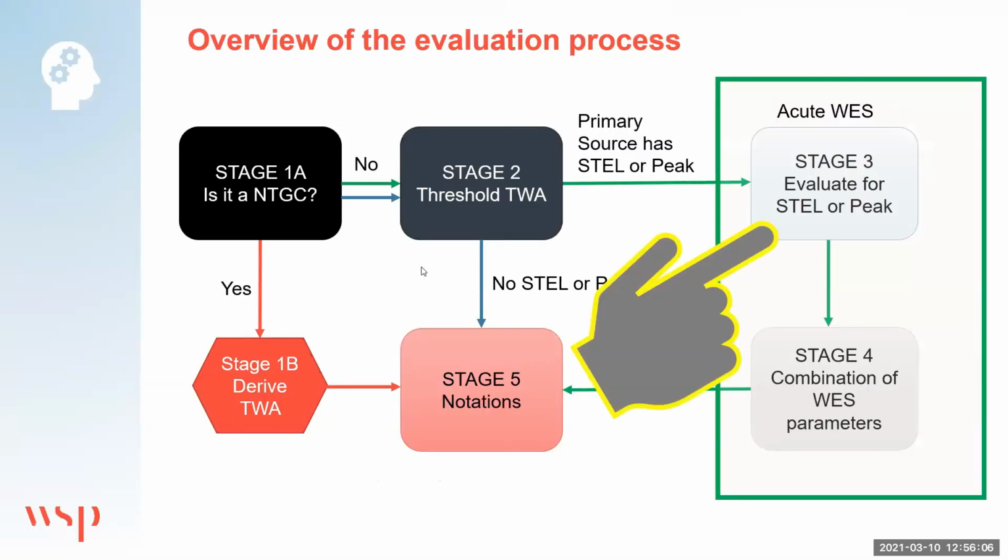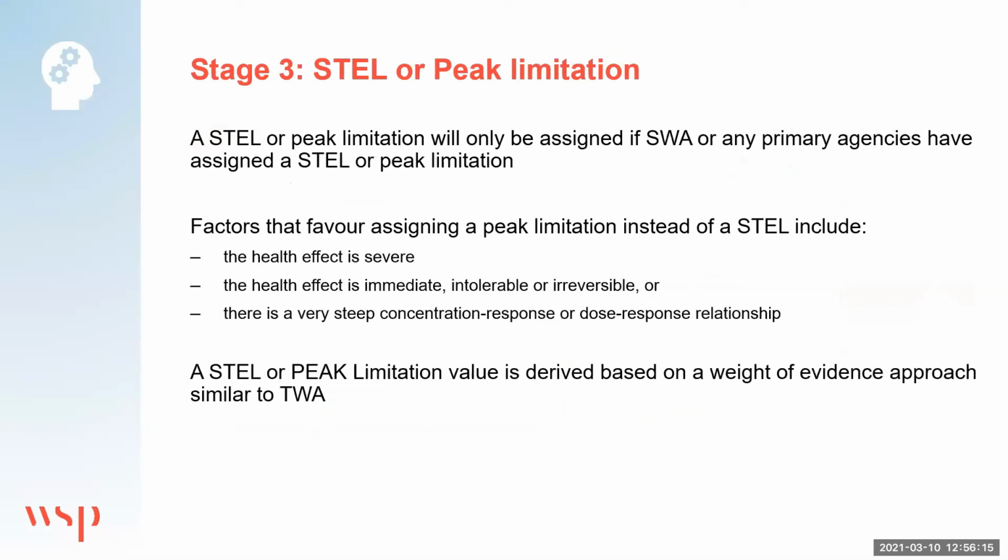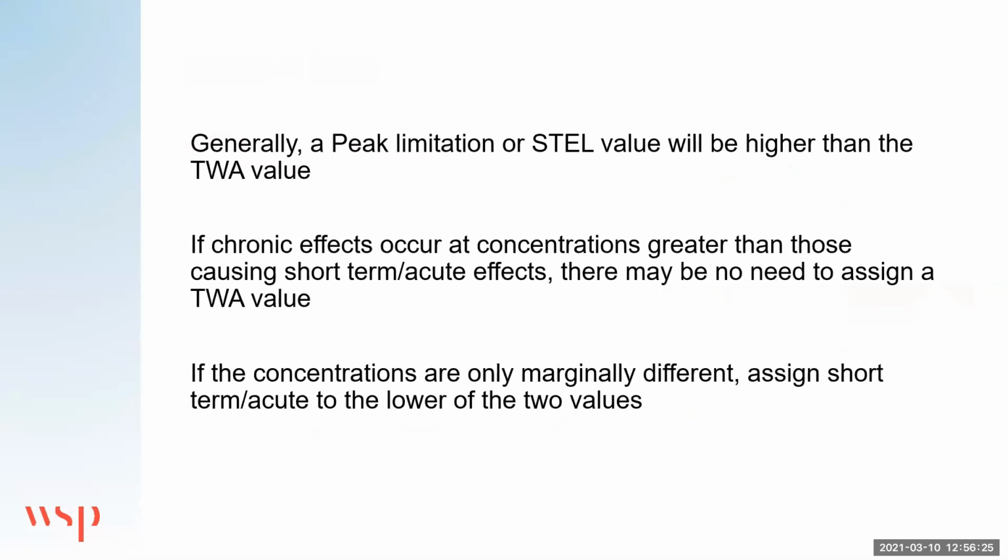Okay, I'll move through to the STELs or peaks. Again, a flow chart. There were certain factors that we would use to favour a peak over a STEL. I won't go into that too long because I realise we're running out of time fast. But generally, the peak limitation or STEL value will be higher than the TWA.